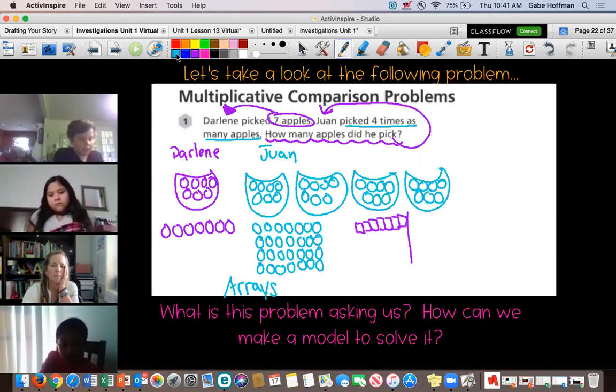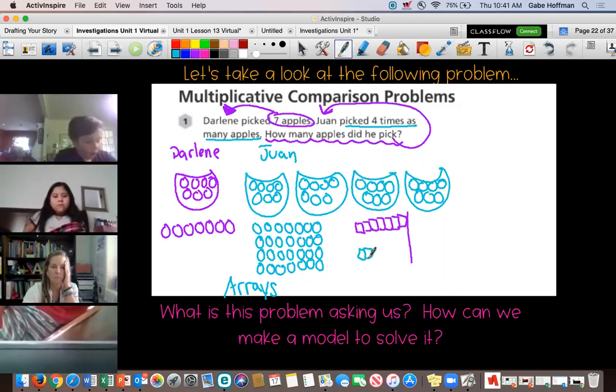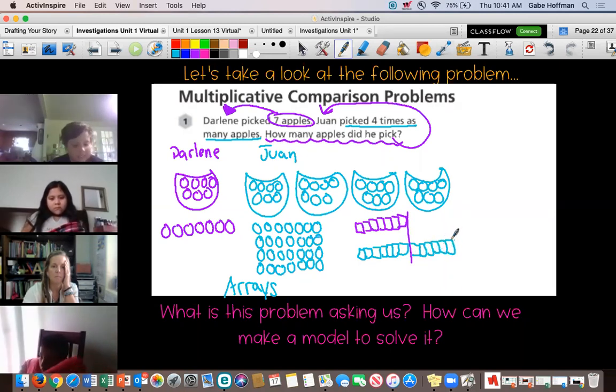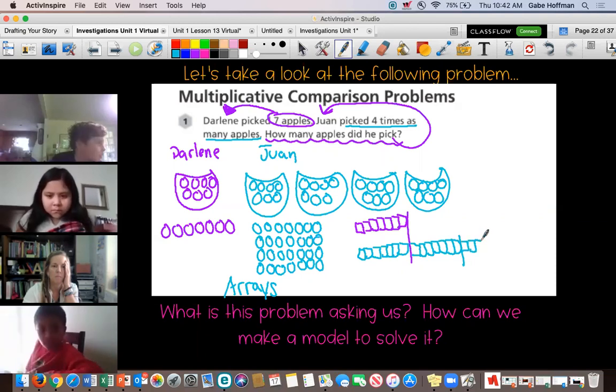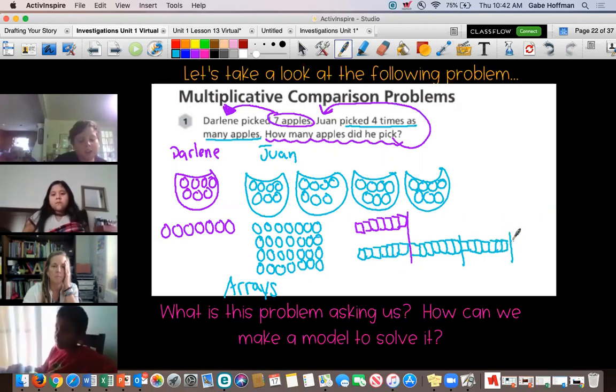So then for Juan, I would do the same thing, but I would do it 4 times because it says 4 times as many. So 1, 2, 3, 4, 5, 6, 7 cubes. Then I'm going to do it again. That's 1, 2, 3, 4, 5, 6, 7. That's 2 times as many. 1, 2, 3, 4, 5, 6, 7. 3 times as many.